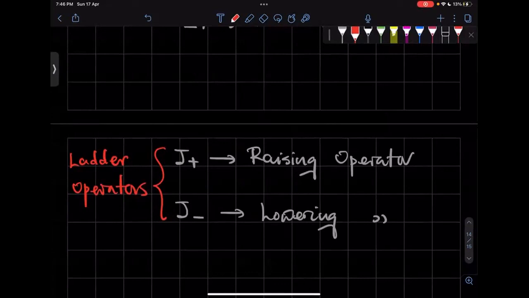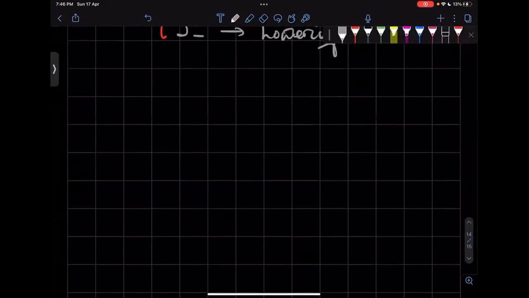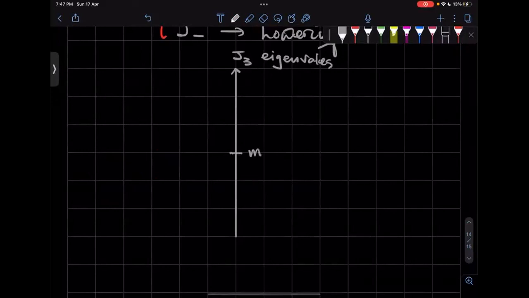So why are they called ladder operators? Because they do the following thing. Let's look at our vector space and line up our linearly independent states, the basis states. These are the J3 eigenvalues of our basis states. Suppose that M is here. Then M plus 1 is here, M plus 2 is here, and so on. Here we'll have M minus 1, M minus 2, and so on.